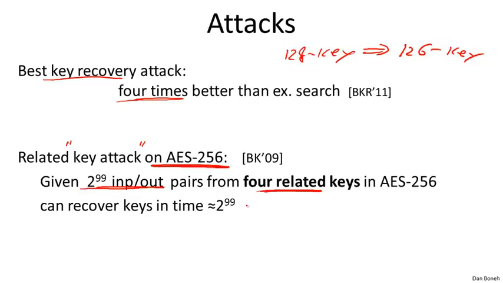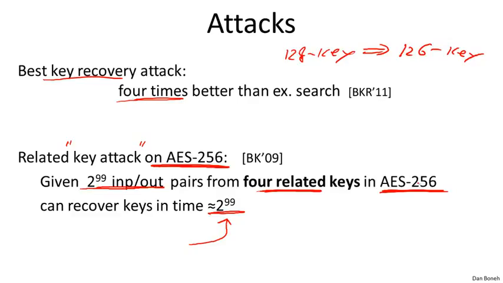Similarly, key number 3 is the same as key number 1, except that a few bits are flipped, and the same for key number 4. These are very closely related keys. If you like, their Hamming distance is very short. But if you do that, then there is a 2 to the 100 attack. Now you should say, well, 2 to the 100 is still impractical. This is still more time than we can actually run today. But nevertheless, the fact that it's so much better than an exhaustive search attack of 2 to the 256 is a limitation of the cipher.